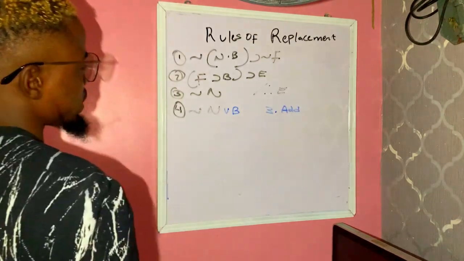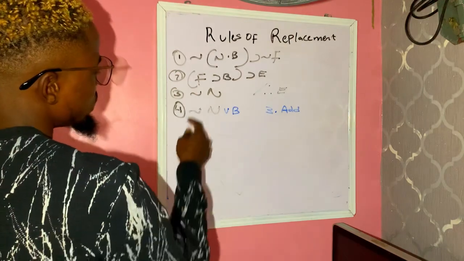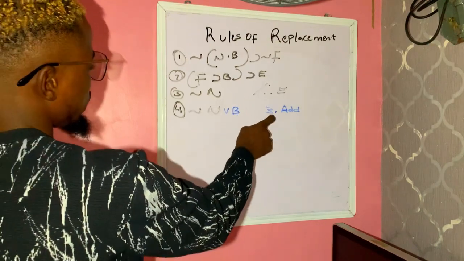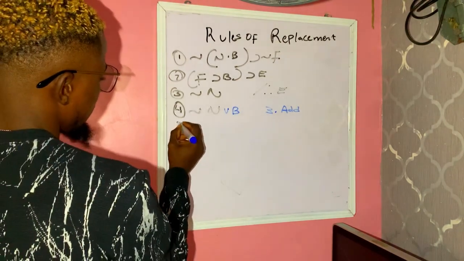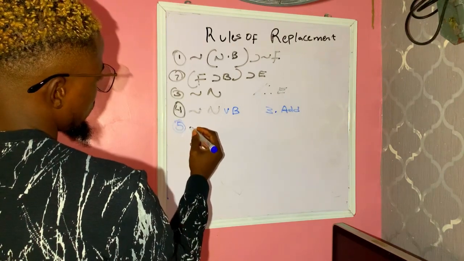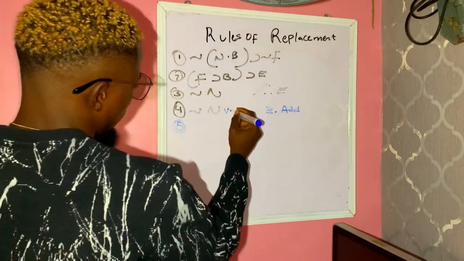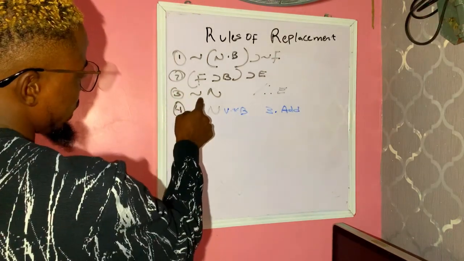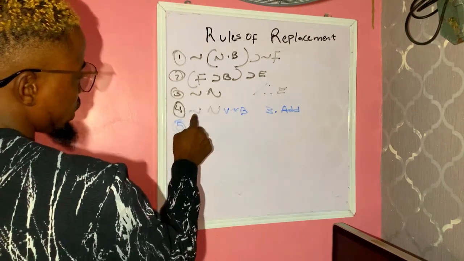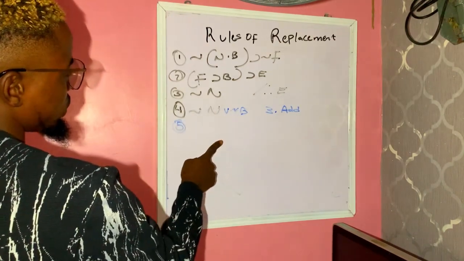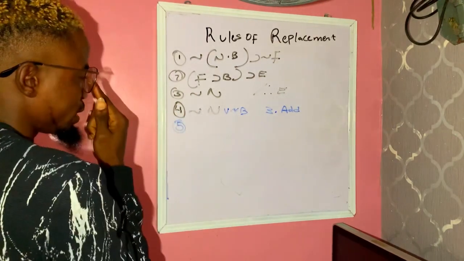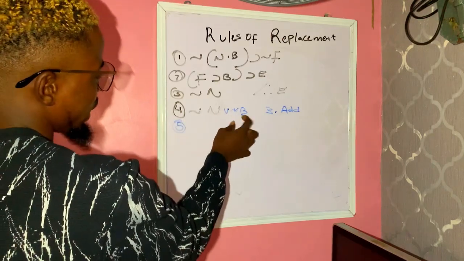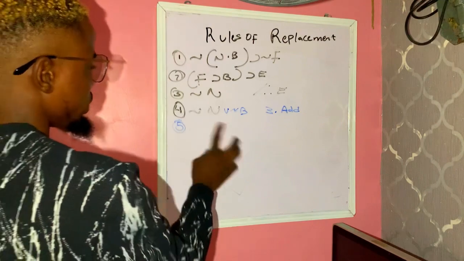Don't forget that the rule of addition says that P, therefore P or Q. This is my P, which is negation N, and I'm adding Q, which is negation B, using this disjunctive sign. So from line 3, negation N, my addition, which is line 4, is negation N or negation B. That's all I did in that place.